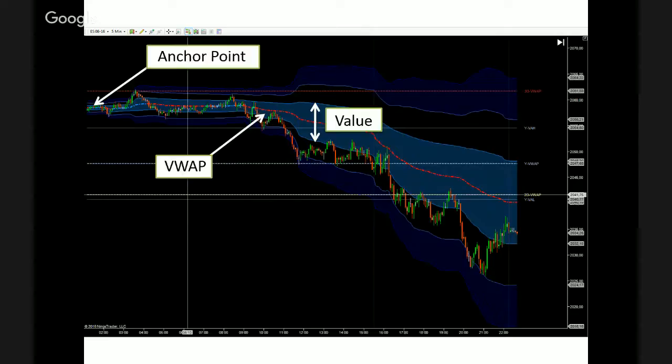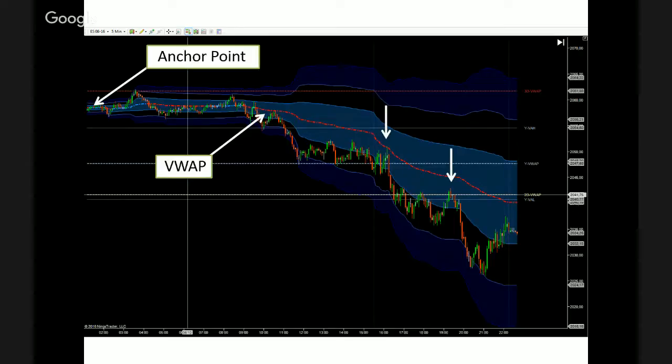So if you're looking for setups within this value area, it will be easier to spot setups with favorable risk reward ratios. So in a downtrend like this, we're looking to sell when the price is retracing back into the VWAP area. This is where, as I said, institutional traders are likely to participate.